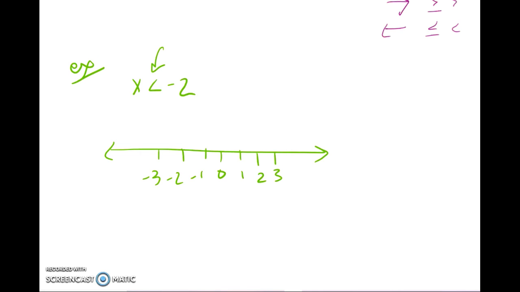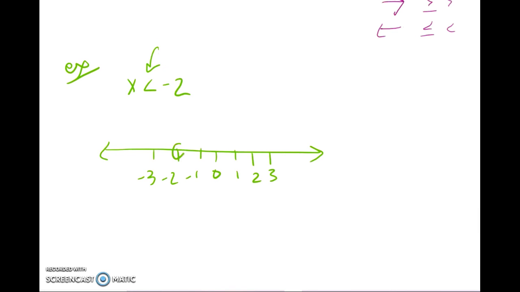And in this case, we have strictly less than, which means we need an open circle at -2, not a closed circle, because we don't want to include the value of -2 in our solution set. We don't want -2, we want everything up until -2. So we have an open circle.